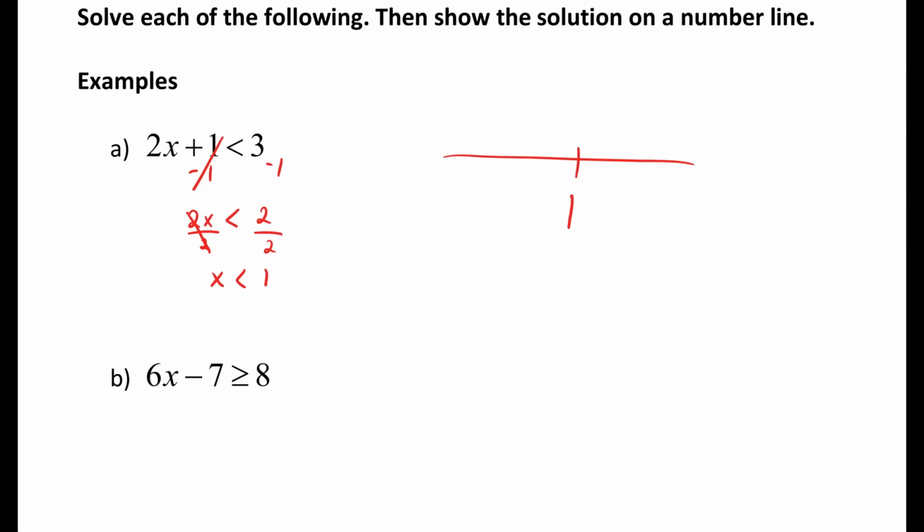If it does not have that line, you're going to leave it open, and then you're going to be drawing your arrow in the direction. So if it's less than, you're going to draw the arrow to the left, and if it's more than, you're going to draw the arrow to the right. So this is less than, so we're going to the left, and that's how it would look.